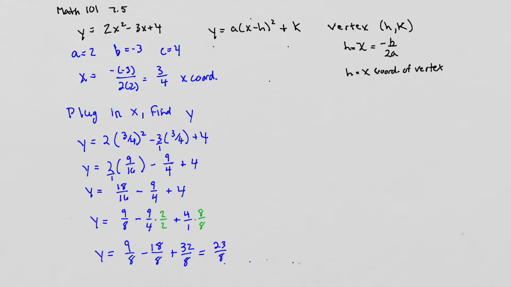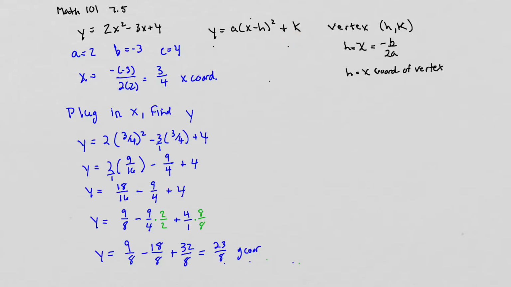So the x coordinate was the negative b over 2a, and now we took that x coordinate, we plugged it in and calculated the y coordinate that goes with that. So the y coordinate, or the k in the formula, is 23/8. So now you have your a, that was the 2, your h, negative b over 2a, or 3/4, and the k, 23/8.